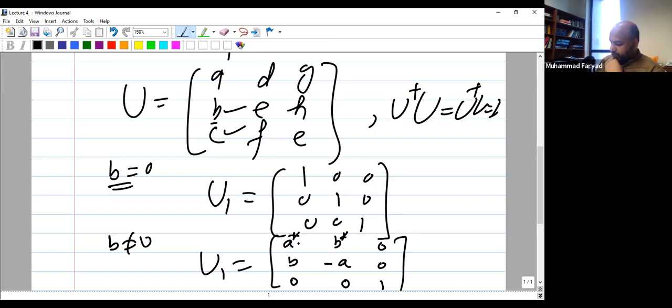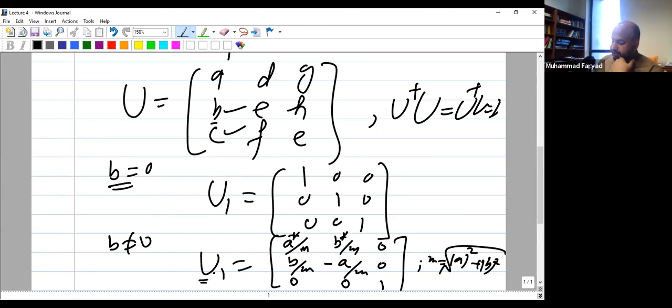I will have to divide this with some number, let's say M, where M is A mod square plus B mod square. A unitary matrix has eigenvalues with an absolute value of 1. So to normalize it, I'm dividing with this, because all of the rows have to be normalized. When I add A mod square plus B mod square, I should get 1. To make sure, I'm dividing with M.